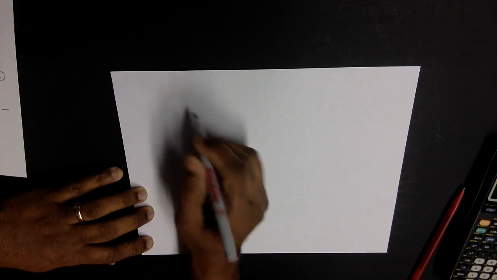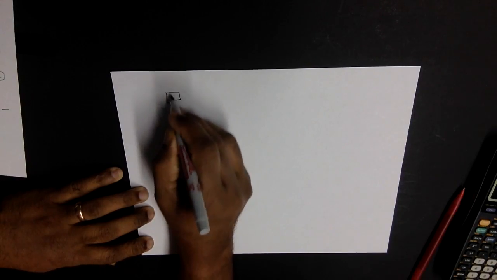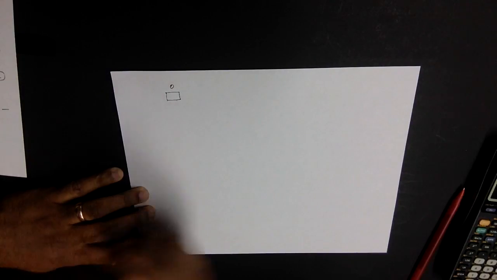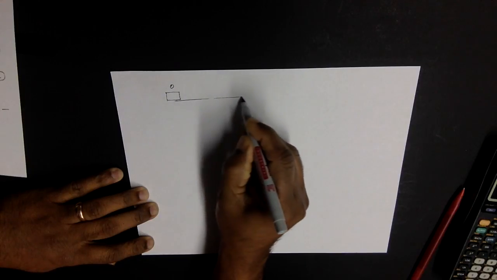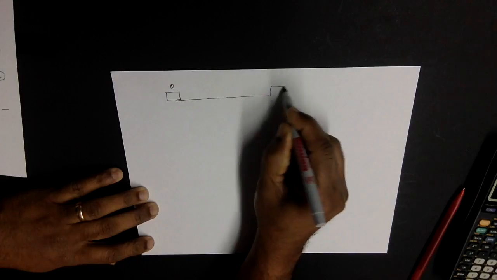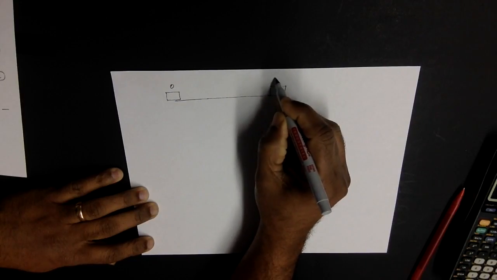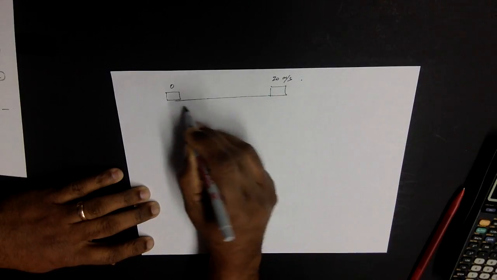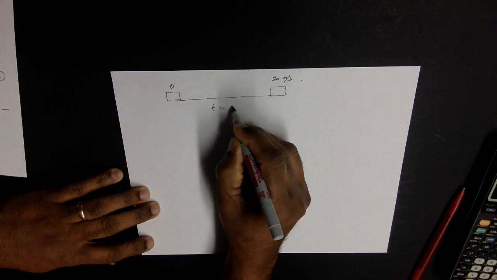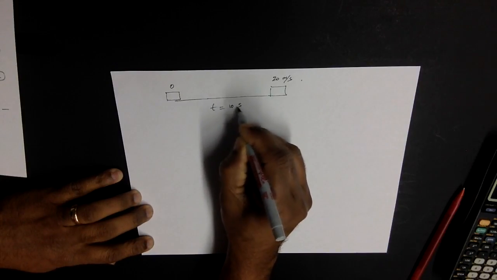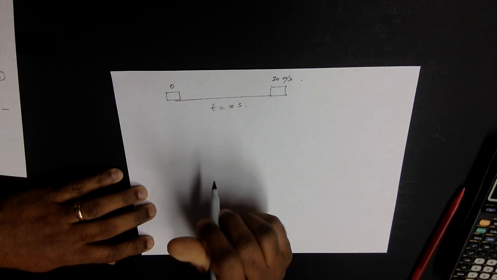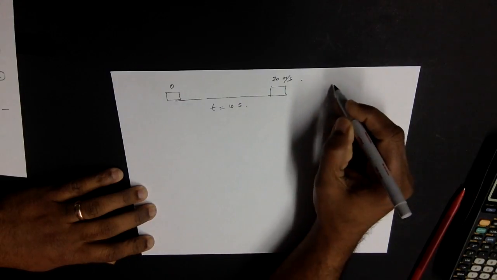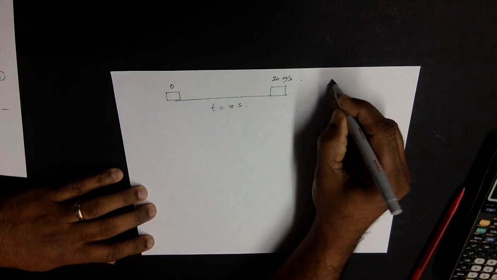Let's say, for example, a car was not moving at a stoplight and then it started accelerating, and it picked up a certain velocity of 20 meters per second in a time of 10 seconds. It went from 0 to 20 in 10 seconds. So that's the situation. And the question is asking, what is the displacement?